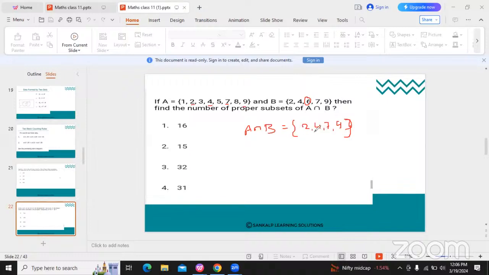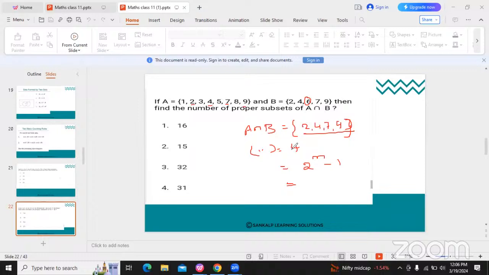So the cardinality of it is how many? How many elements are there? 1, 2, 3, 4. So A intersection B has 4 elements present. So the cardinality n of A intersection B is 4. What formula will we use? Proper subsets in the sense 2 raised to m minus 1.